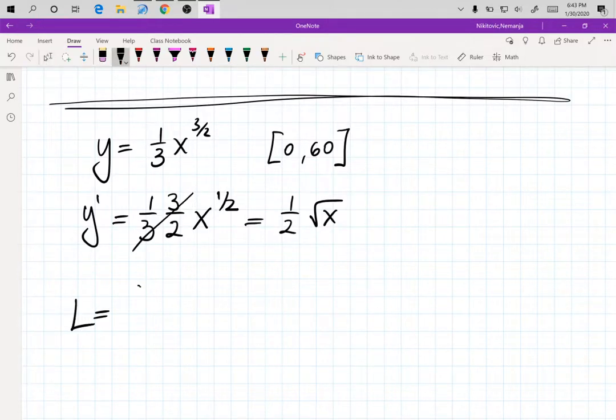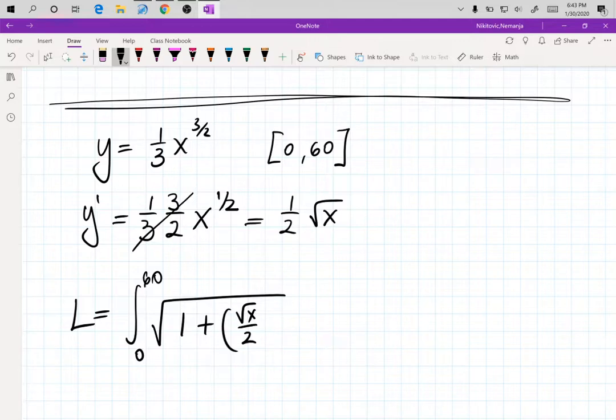The length of the curve is the integral from 0 to 60 of the square root of 1 plus (square root of x over 2) everything squared, dx.